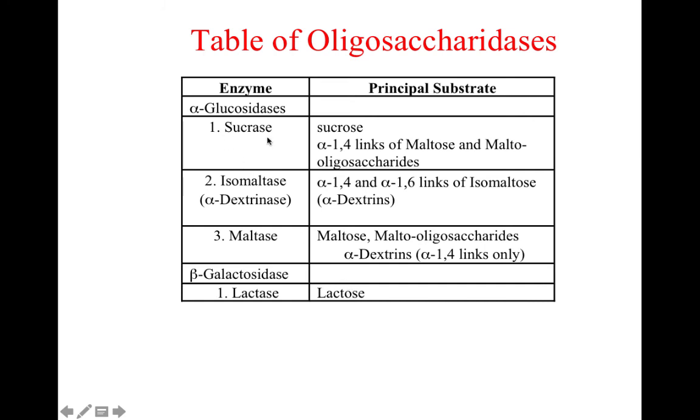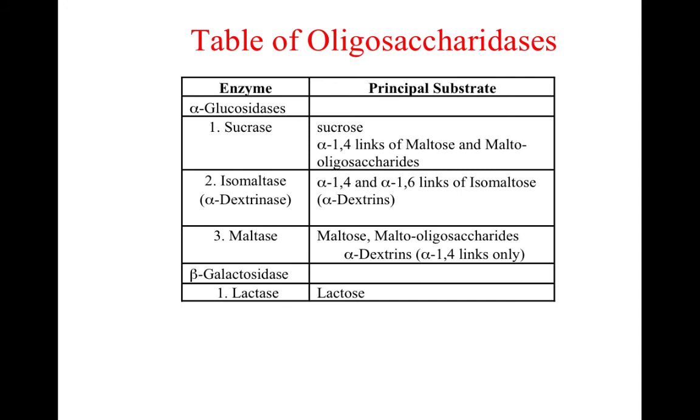Here's sucrase. Now, sucrase is interesting because its principal substrate is sucrose, but sucrase can also cleave maltose and malto-oligosaccharides. So sucrase is an enzyme that can hydrolyze more than one type of glycosidic bond. Remember the sucrose we said its chemical bond is alpha 1 beta 2, glucose fructose.